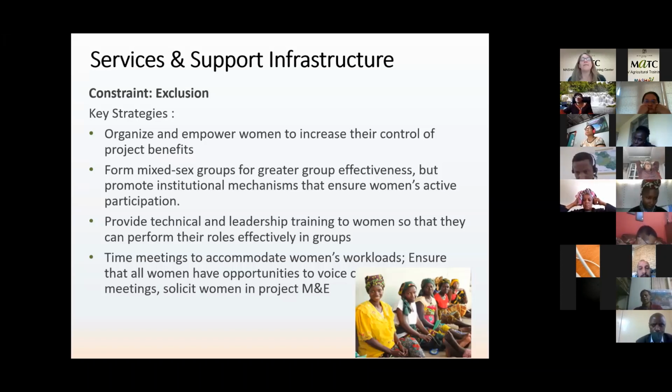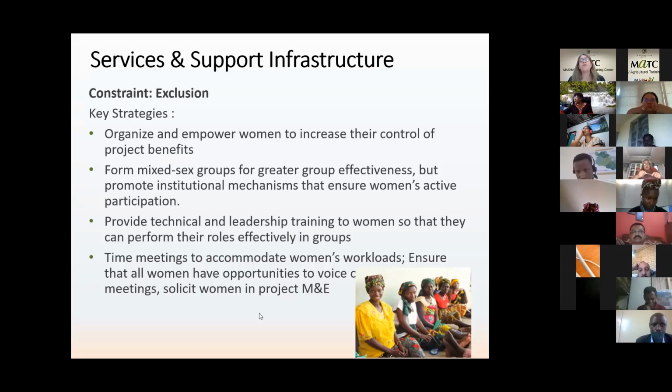But it's not enough for them to be adept technically. You also need to give them leadership training so that they know how to perform their roles effectively within the groups. Also, you need to time the meetings to accommodate women's workloads. You need to ensure that all men and women have the opportunities to attend the meetings, and also to voice their opinions.